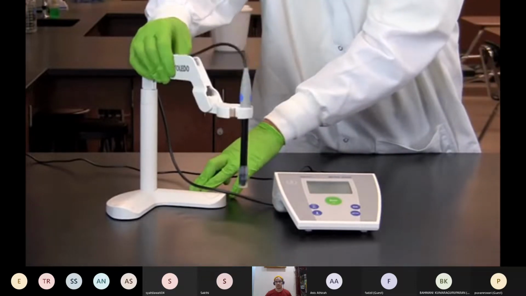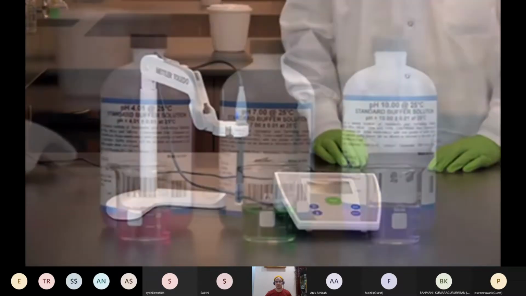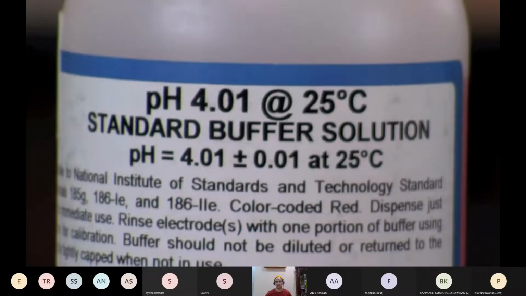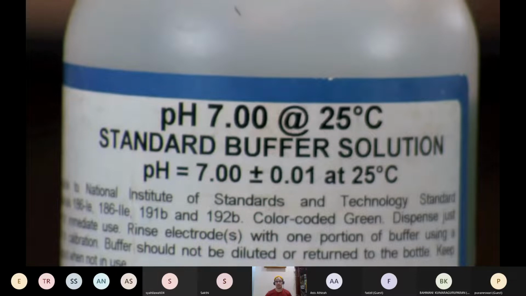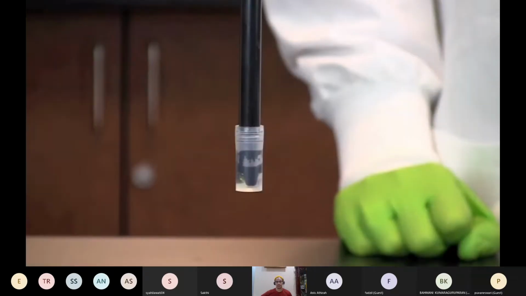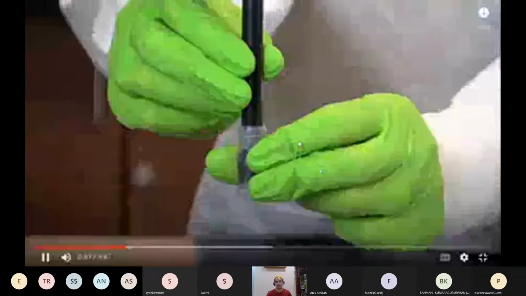The arm allows the electrode to be easily moved up and down into a beaker for the sample to be tested. Prior to use, a pH meter should be calibrated using color-coded buffers at a fixed pH. pH 4, 7, and 10 are standard. The first step in using a pH meter is to remove the protective cap from the electrode.